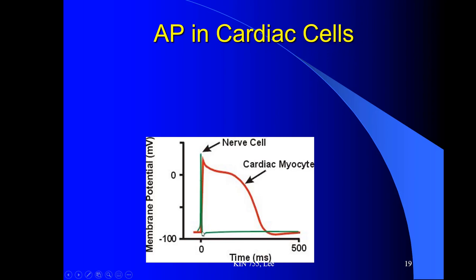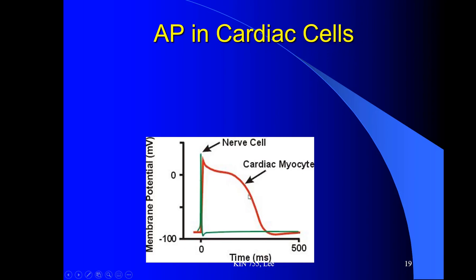If you look at what goes on in a cardiac muscle cell, you still get that rapid depolarization, which is due to sodium flowing in, but then you get this sustained plateau effect, and it's a very, very slow repolarization. A lot of that is due to calcium. Actually, calcium plays a role here, and again, this is a discussion for another class, but the point I really want you to see here is that there's a sustained contraction and sustained repolarization.